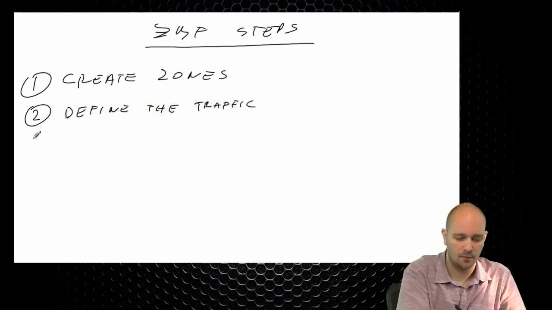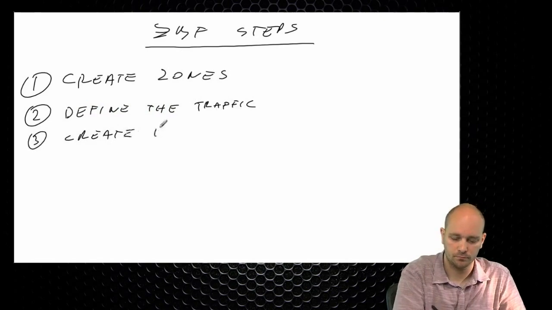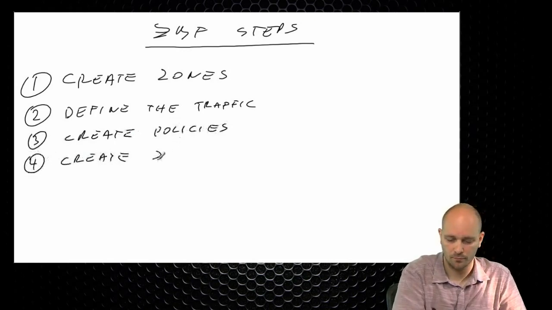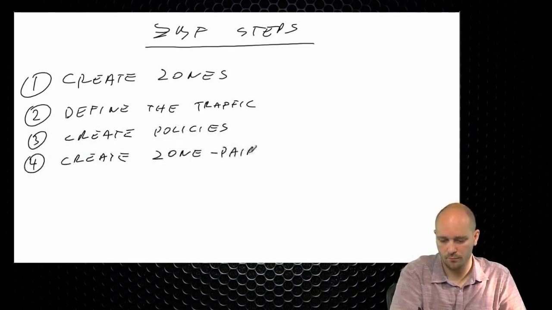That is interested. Create policies. Create zone pairs. And this is basically directional traffic.